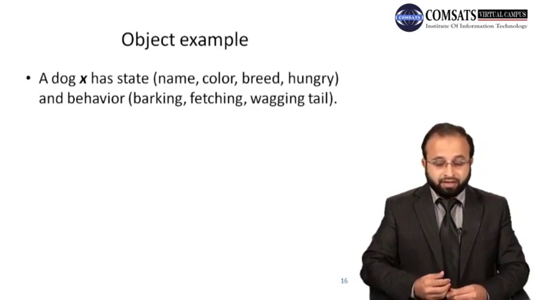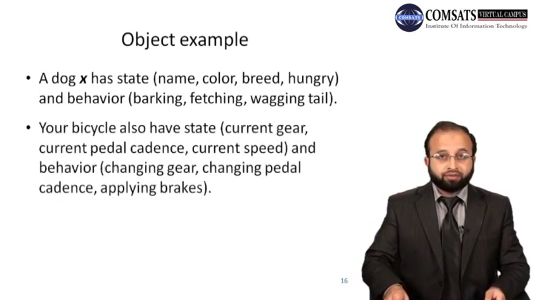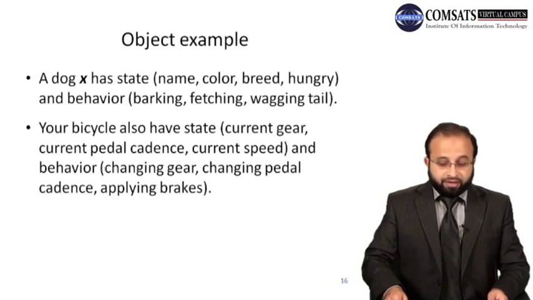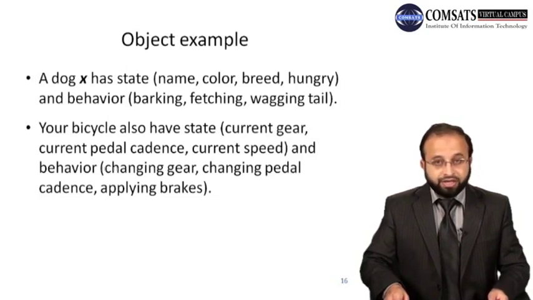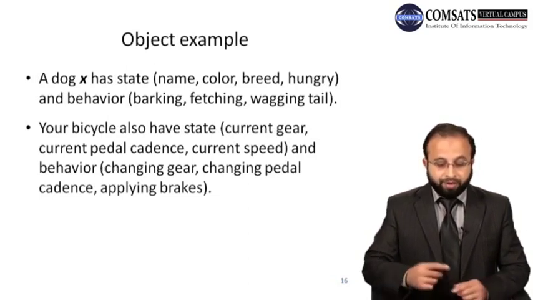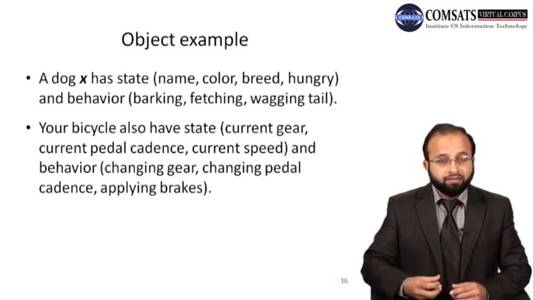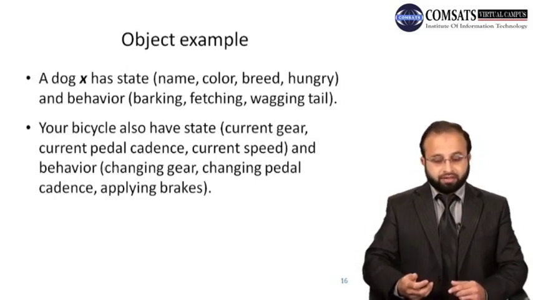Behaviors are barking, fetching, wagging tail. Your bicycle also has states. For example, current gear, current pedal cadence, current speed, and behavior: changing gear, changing pedal cadence, and applying brakes. So this is a behavior or a characteristic of a bicycle.